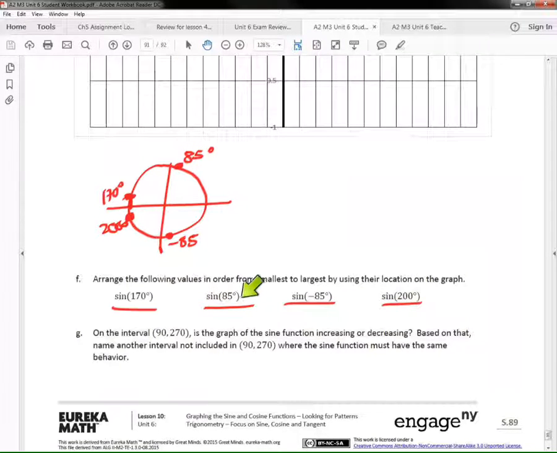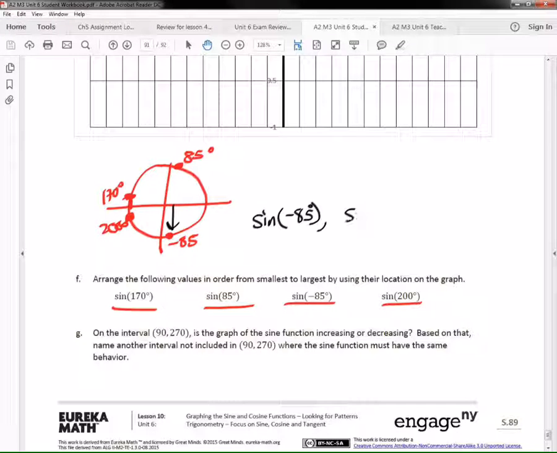Okay, so if I were to arrange these from smallest to largest, I would first start with the negative 85, because that would be the biggest negative number. So that number should be first. Sine of negative 85 degrees. Then the next one should be the other negative number, which is positive 200 degrees. Sine of positive 200 degrees is negative because the distance from the x-axis to that point is going down.